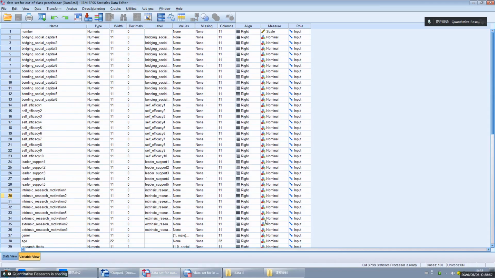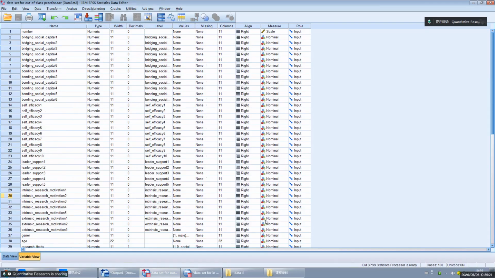EFA already showed that intrinsic and extrinsic are one factor, right? So in your own data analysis, you have to treat them as one factor.